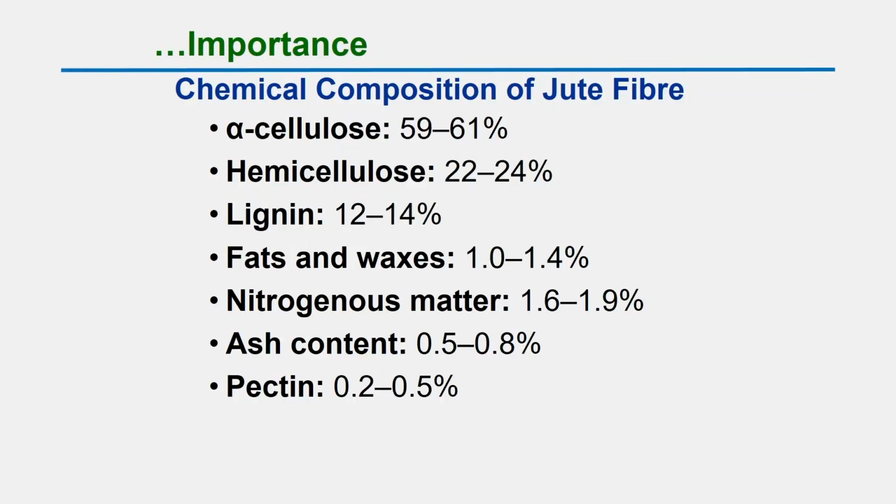Now let us check the chemical composition of jute fiber. What is the fiber made up of? So you see the major component is alpha cellulose. So cellulose is the major component of jute fiber.